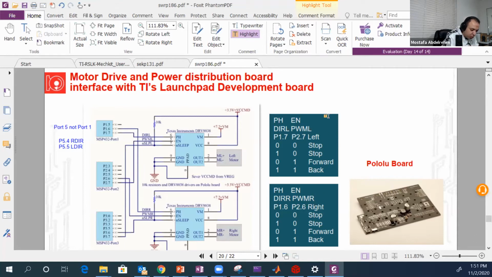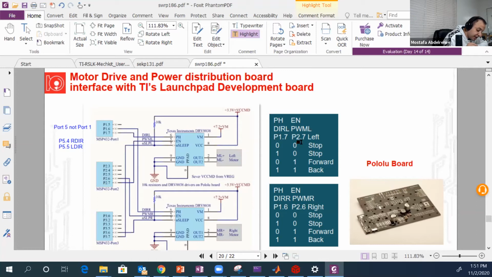So for example, for the left motor, pin 1.7 is actually pin 5.5. So just forget this for a moment. I don't know how to correct it, but anyways, this should be pin 5.5. So if you have 0 on pin 5.5, and you have for the enable, which is pin 2.7, this one.